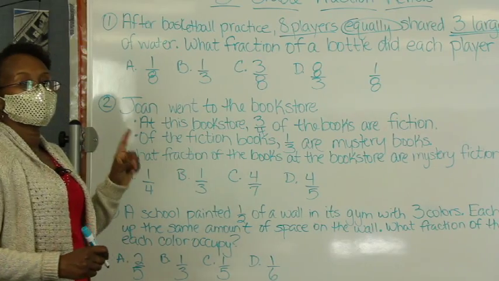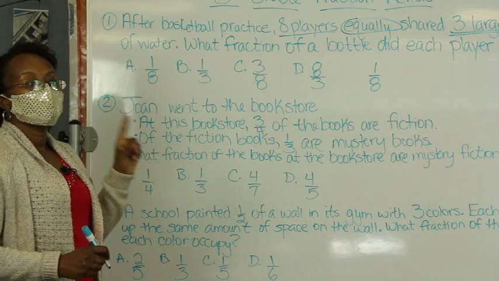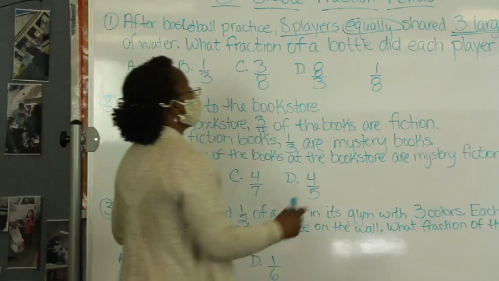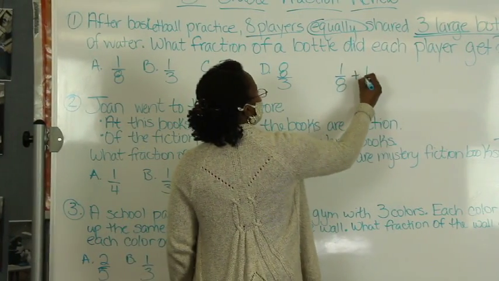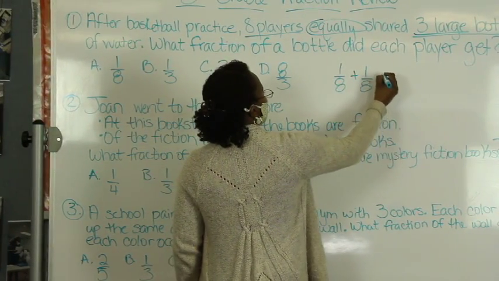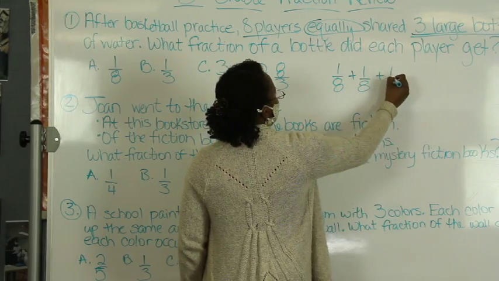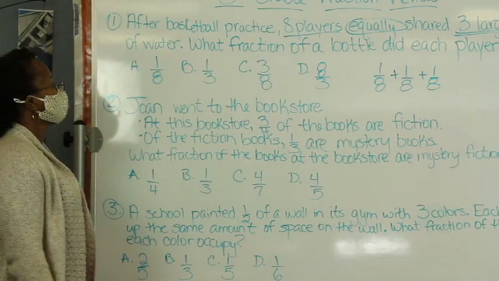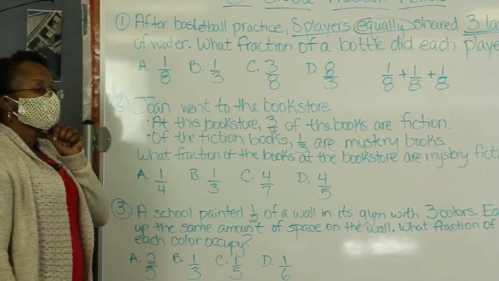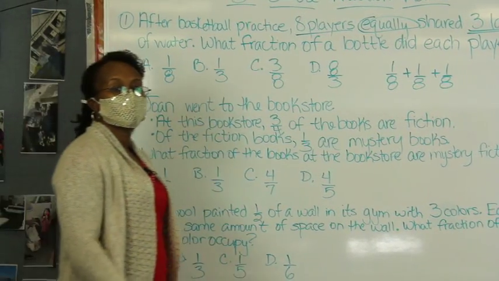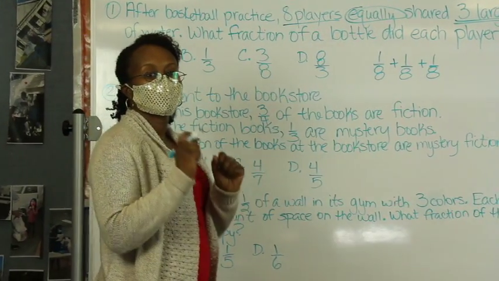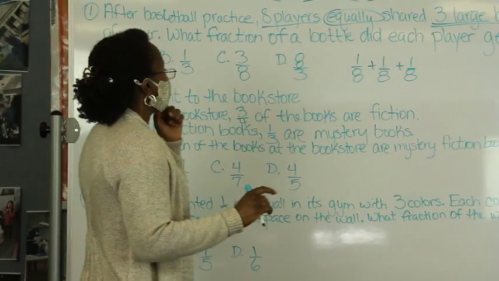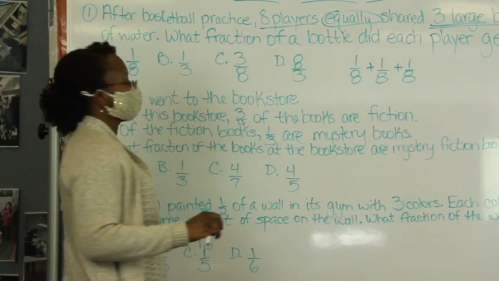If each player is only going to get an 1/8 and you have 3 bottles, you can do this with addition if you like. That's the second bottle, and this is the third bottle. Some people may want to use fractions with multiplication, and I'm just not doing that right now because I did not go over that. So I'm going to do it with addition, okay?